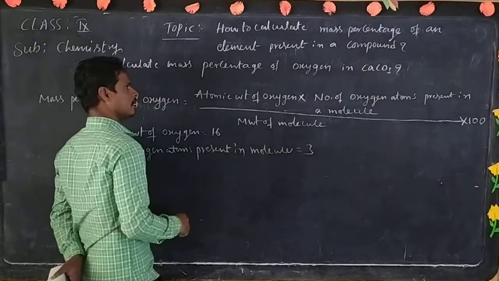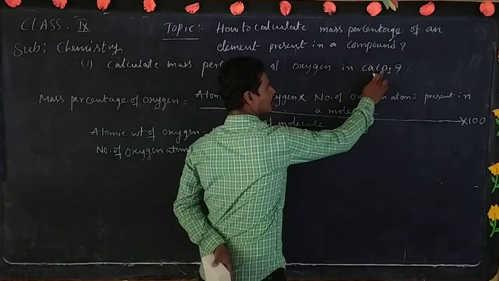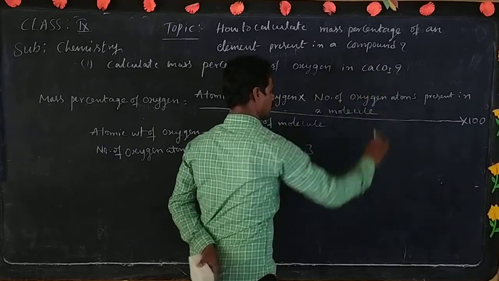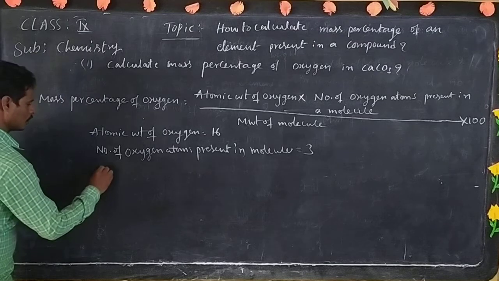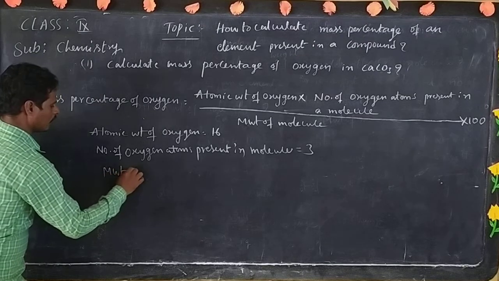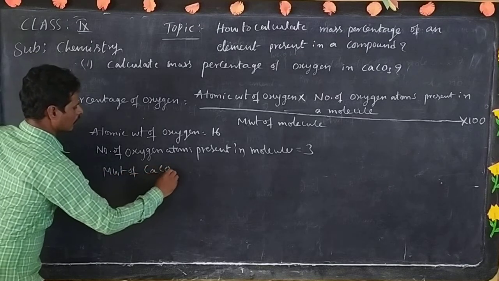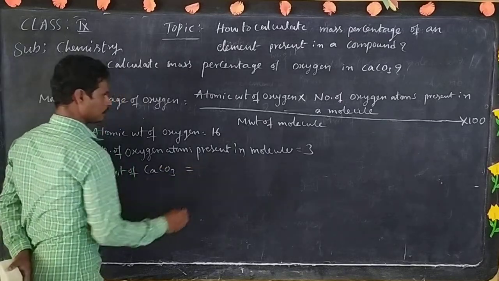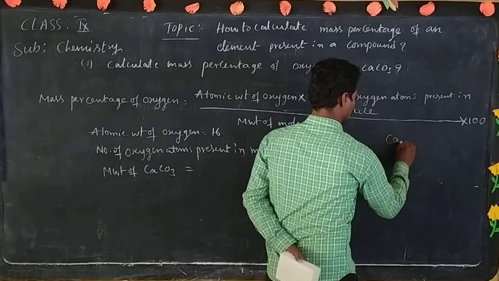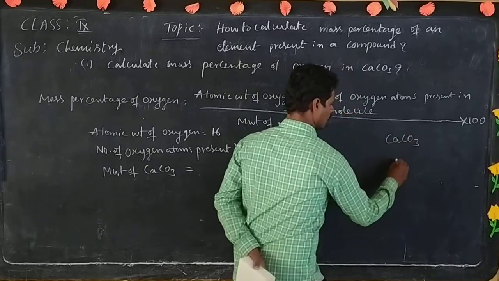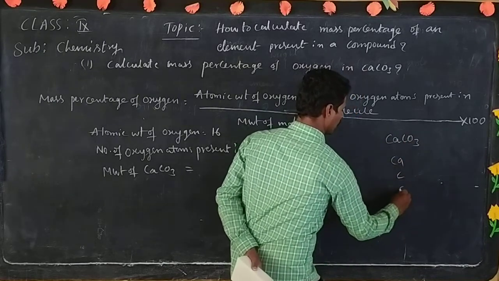How many are there? Here we have calcium, carbon, oxygen. How many are there? 3 oxygens. Now, molecular weight of calcium carbonate equal to the molecular weight of calcium, carbon, oxygen.